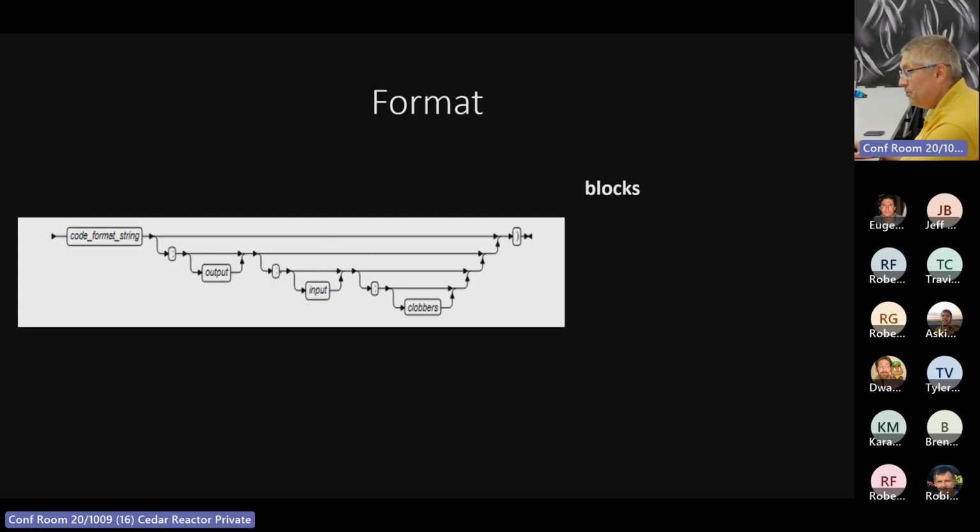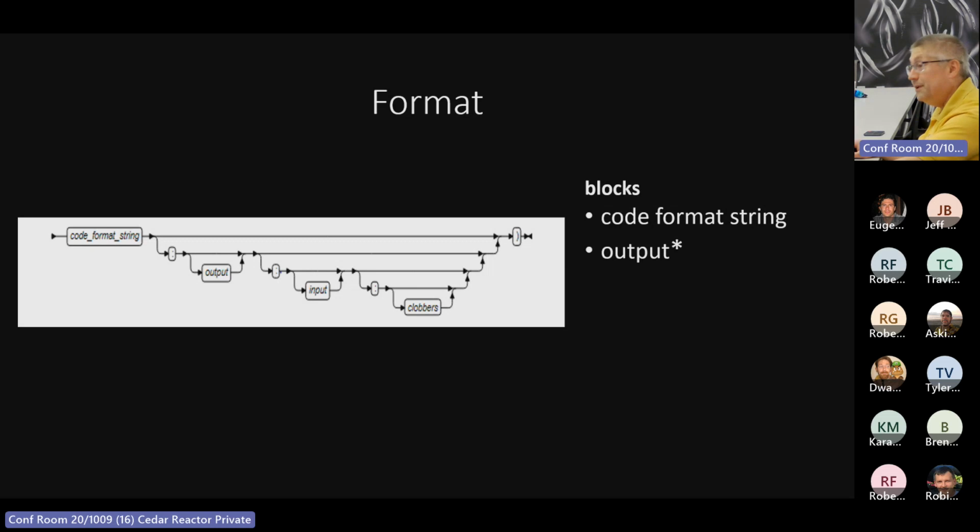So now we go to the way it is formatted. We have the code format string, and basically it's similar to a printf statement. So you basically type in your code and you have your places where variables are going to be inserted by the compiler, and then that will either go into the output, and it definitely takes input.